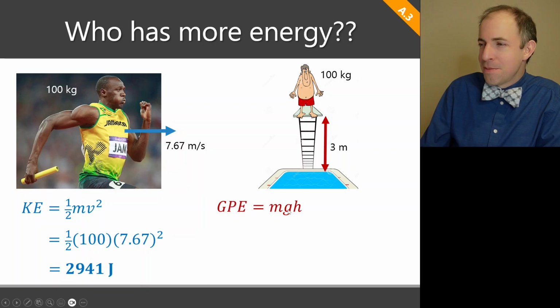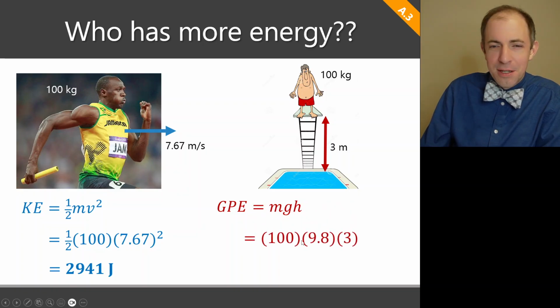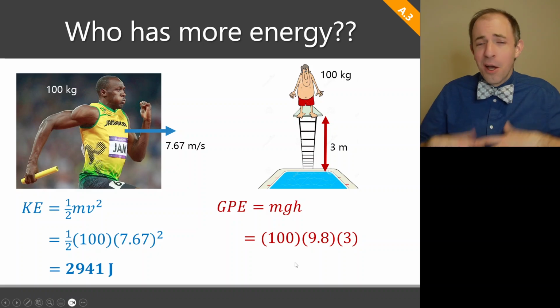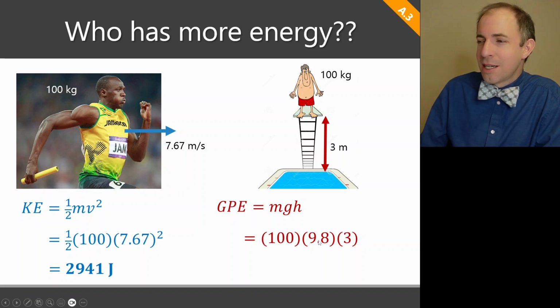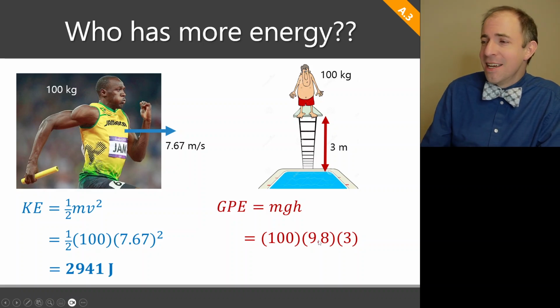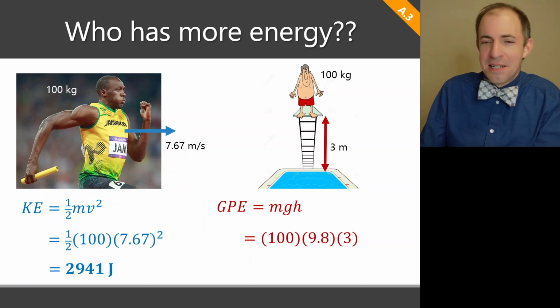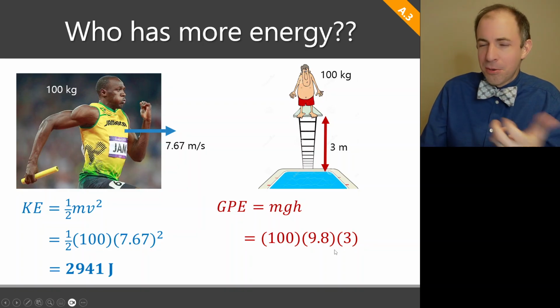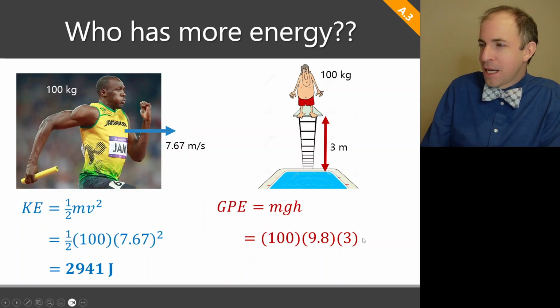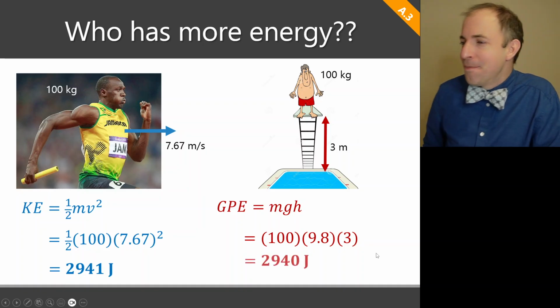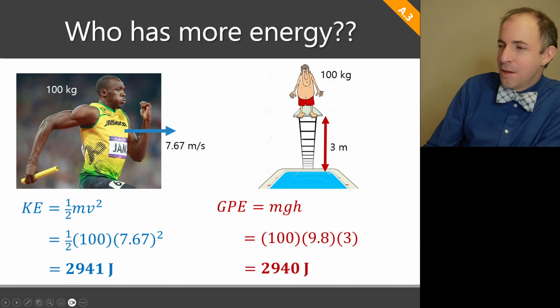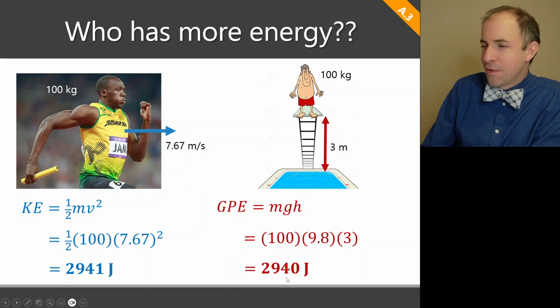Gravitational potential energy is mass times gravity times height, 100 times 9.8 times 3. You'll notice here when we are doing energy, we are not worrying about a direction, so we're going to use a positive 9.8, even though sometimes you may have used a negative 9.8 when we talk about acceleration of gravity. So here, if I'm calculating a gravitational potential, I plug those in, I get 2,940 joules.